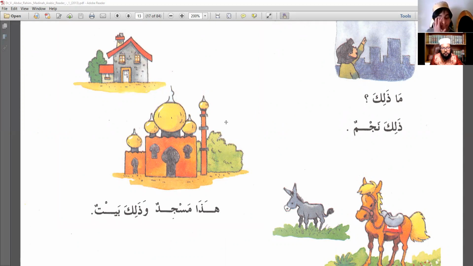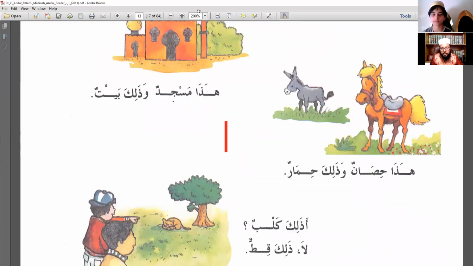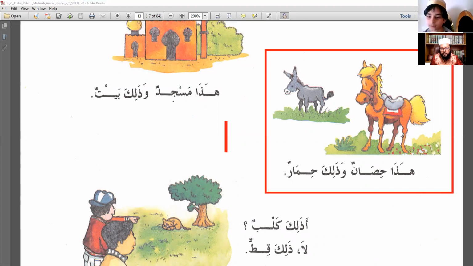Now this one: Hadha hisanun wa dhalika himarun. This is a horse and that is a donkey.